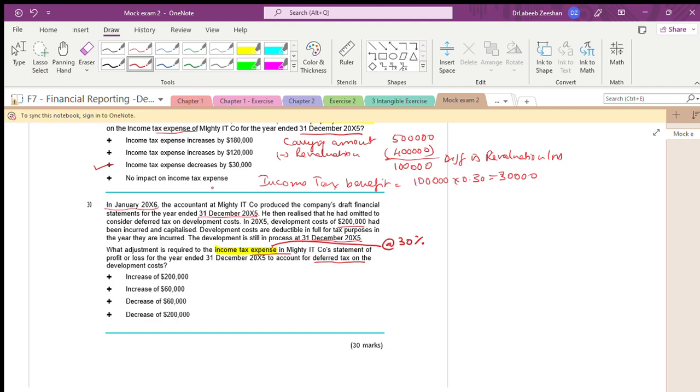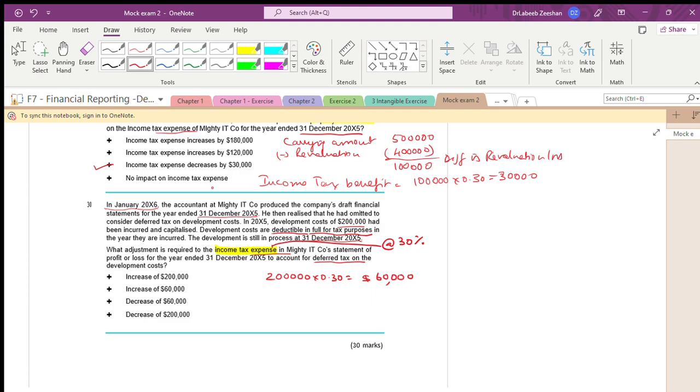The development cost has been incurred and capitalized. Development costs are deductible in full for tax purposes. Deductible. So we will multiply 200 by 30%. How much will we get? 60,000. Will 60,000 increase or decrease income tax? Deductible.